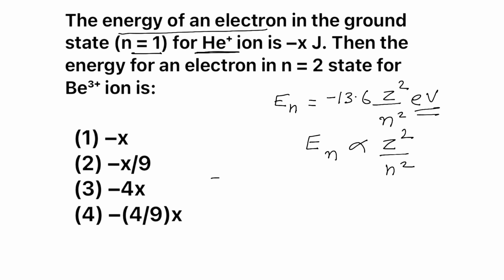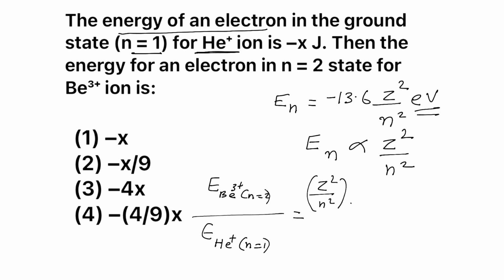So what can we write? Energy of beryllium, Be3 plus, when n is equal to 2, by energy of helium plus when n is equal to 1, is equal to Z square by n square of beryllium by Z square by n square of helium.